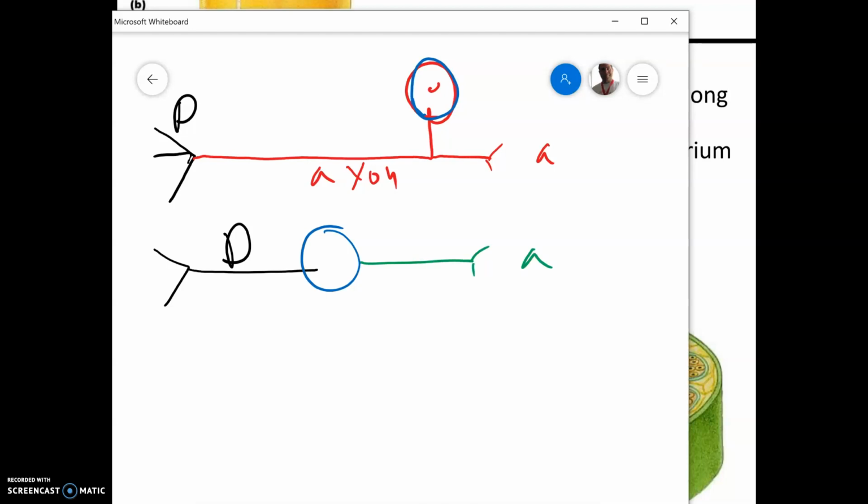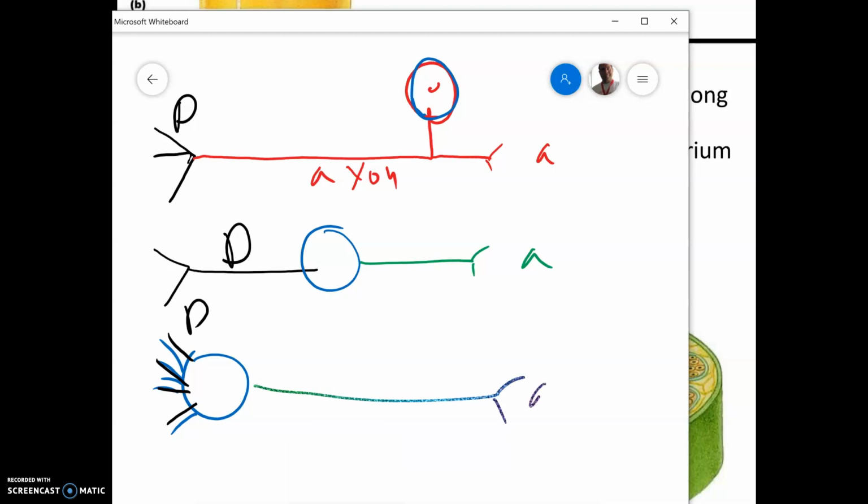And then we have our multipolar neuron that have many dendrites, one cell body, and one axon right here. These are afferent also. These are efferent and integration.